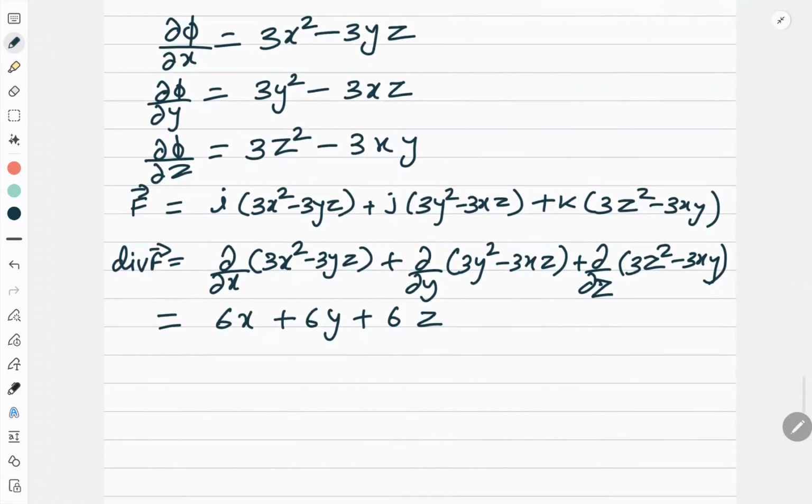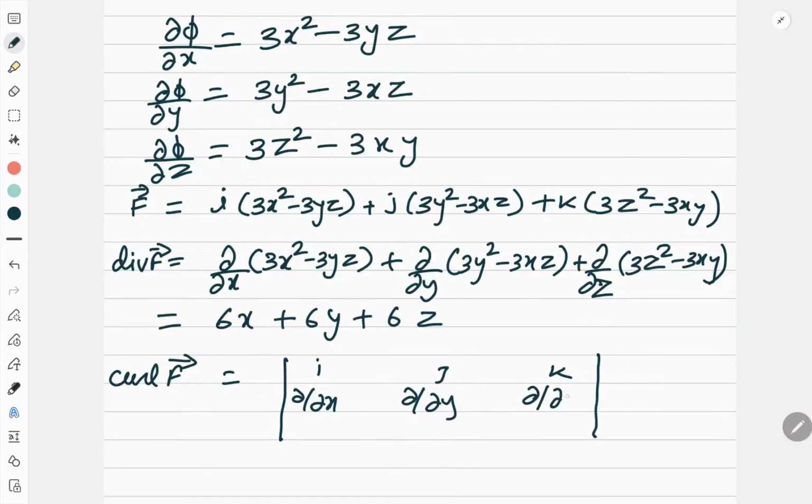Now my next target is to find the curl. So curl f is equal to the determinant with i, j, k; dou by dou x, dou by dou y and dou by dou z; and the coefficients: i is 3x square minus 3yz, j is 3y square minus 3xz, k is 3z square minus 3xy.